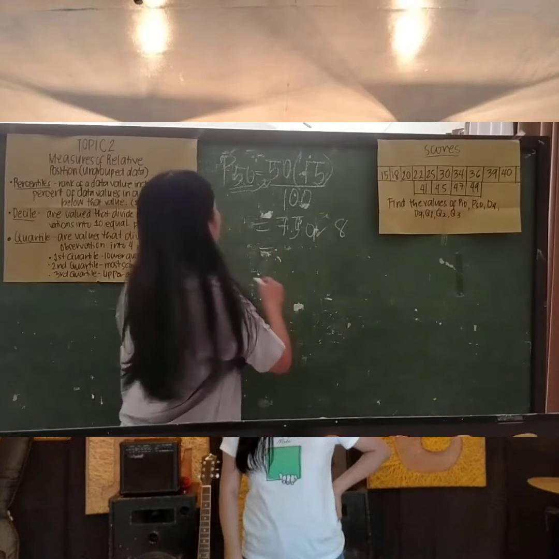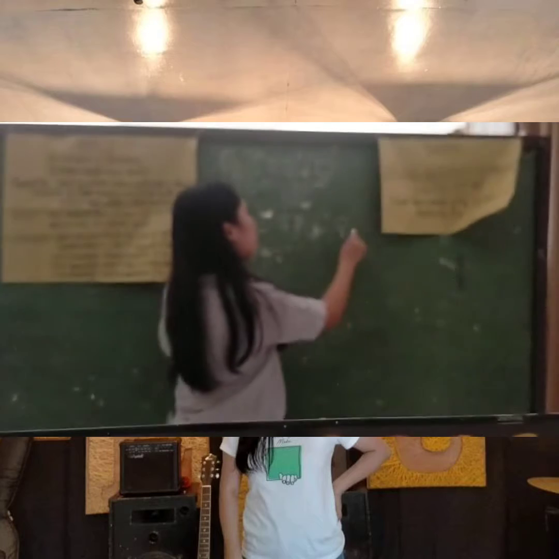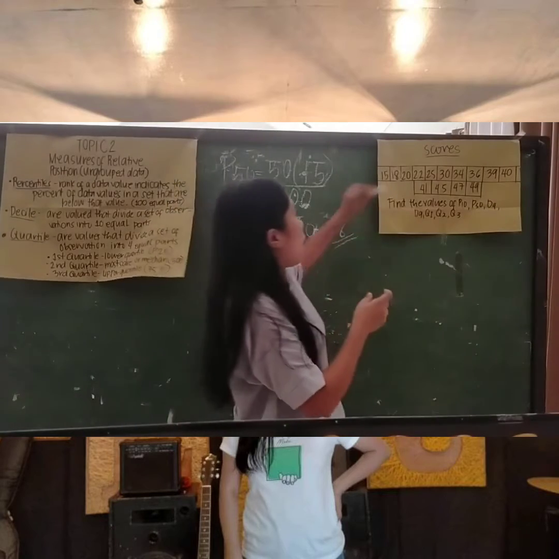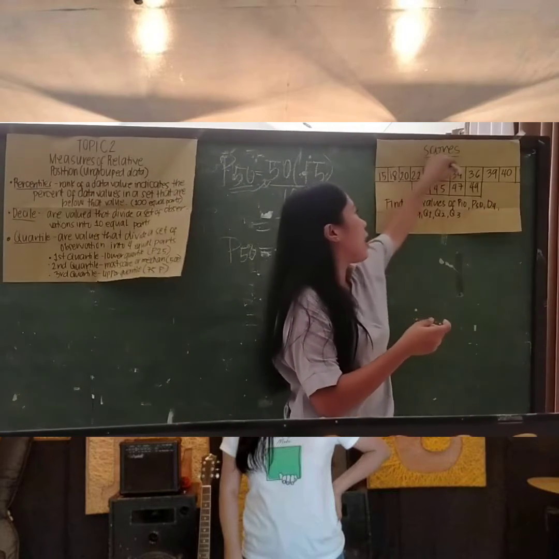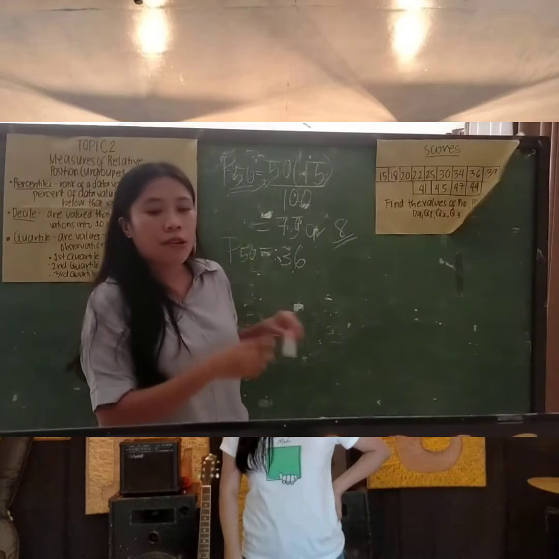The eighth score is 1, 2, 3, 4, 5, 6, 7, 8, so 36. Our P50 is 36.